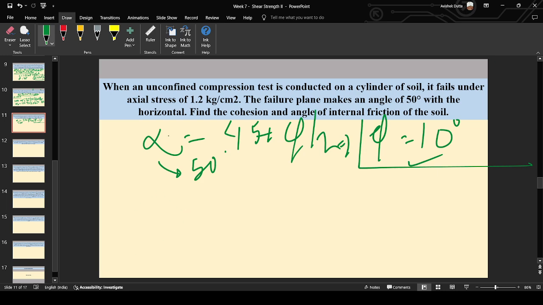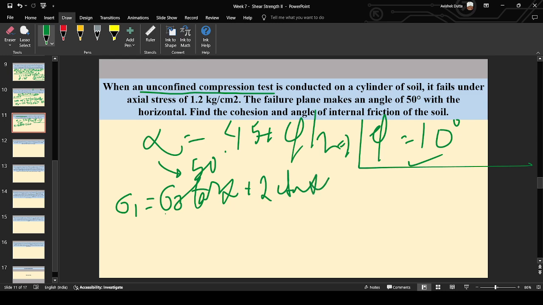Now it has been said unconfined compression test. So sigma 1 equal to sigma 3 tan square alpha plus 2c tan alpha. Sigma 3 is 0. So from here c equals to sigma 1 by 2 tan alpha. Okay.